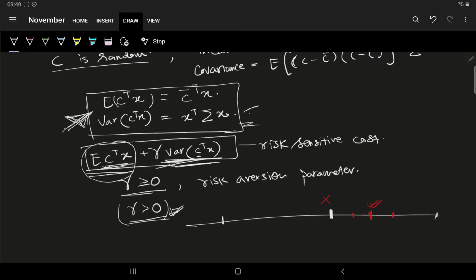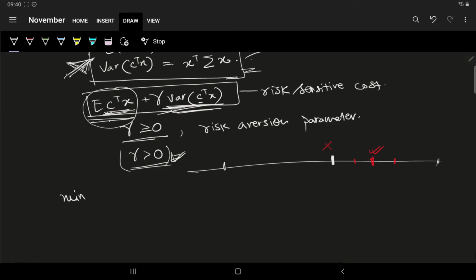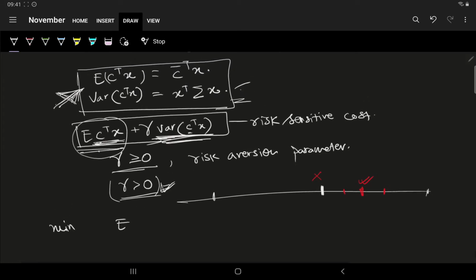Okay, so now we modify, so our modified function will be of, however, we can also write this using these two values.